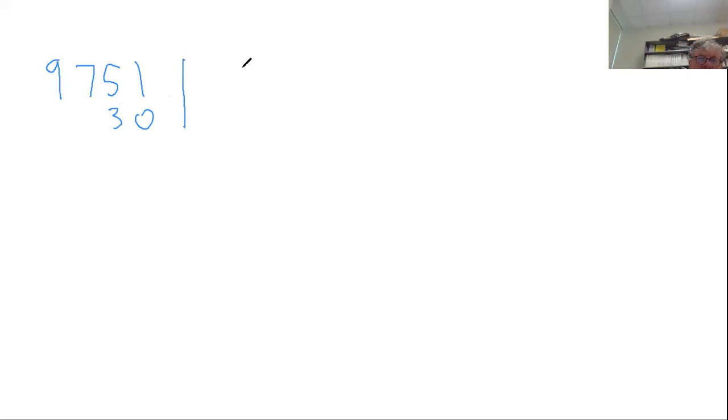So actually that's going to be 9, 7, 5, 1, 20, because 20 in base 40 is the same as 30 in base 60 as a fraction. So 20 is how we do a half. Now we just start reducing things by 40.